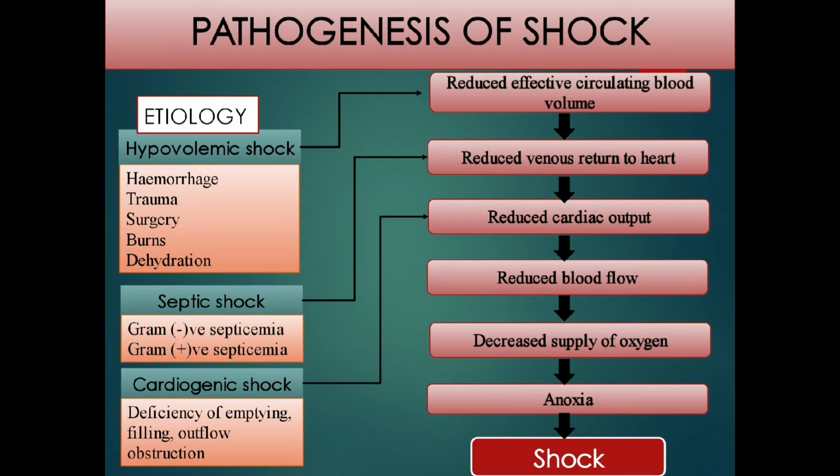In case of septic shock, gram-negative septicemia and gram-positive septicemia, there is reduced venous return to the heart, then the same procedure of the flow chart leading to anoxia and shock, and same for cardiogenic shock, which directly starts from reduced cardiac output and reduced blood flow, decrease in the supply of oxygen leading to anoxia and shock.